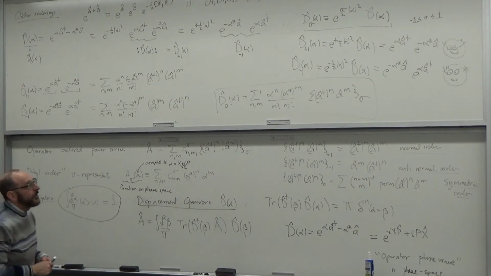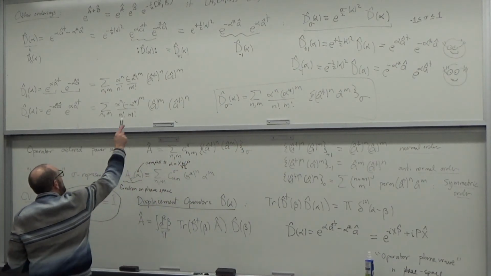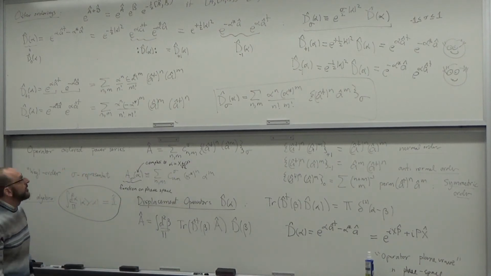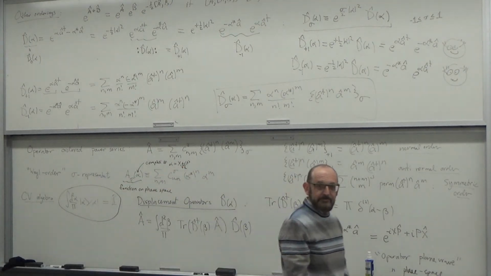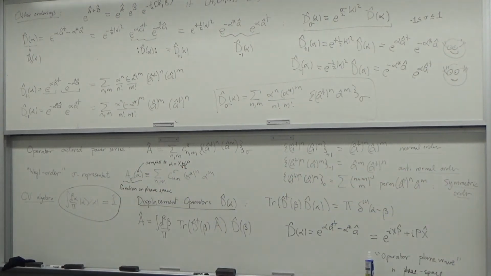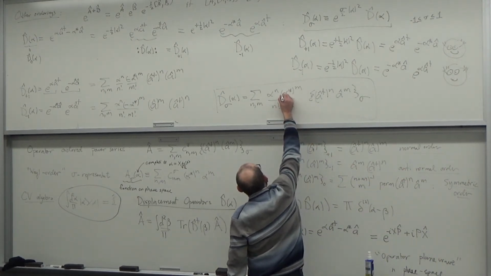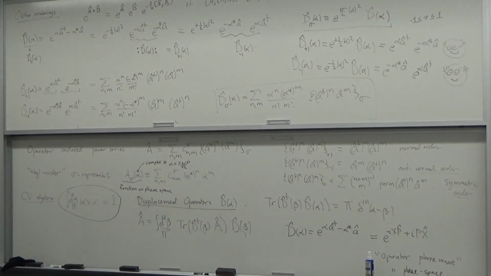When sigma was 0, that's what we got over there. When sigma is plus 1, we get the normally ordered guy. When sigma is minus 1, we get the anti-normally ordered guy. Okay? Yes? What happened to the minus sign? I forgot about it. Thank you for keeping me vaguely honest. It's important to not get lost.